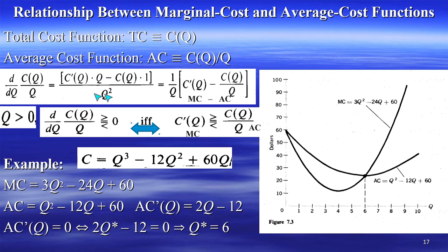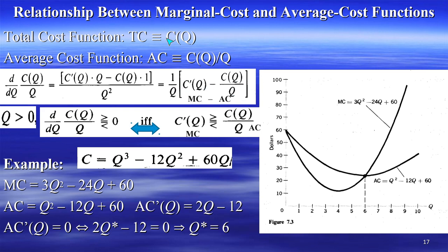So I took 1 over Q, one of these Q's from Q square simplifies with the Q. The other Q, I take outside as the factor 1 over Q. So here I am left with C prime of Q. And here I am left with C of Q times 1, which is C of Q over Q. You see? One Q is here, one Q is there from Q square.